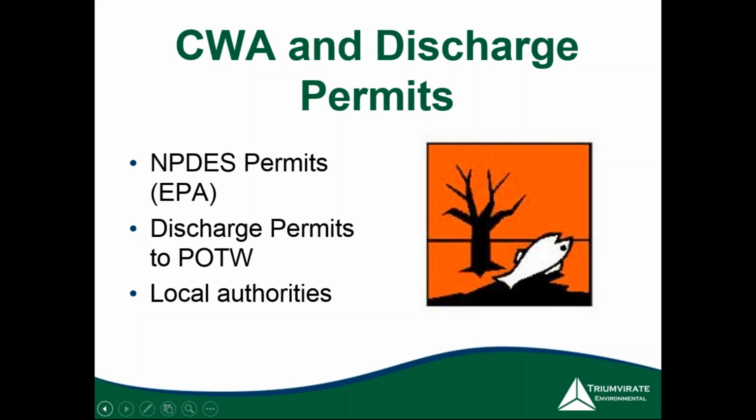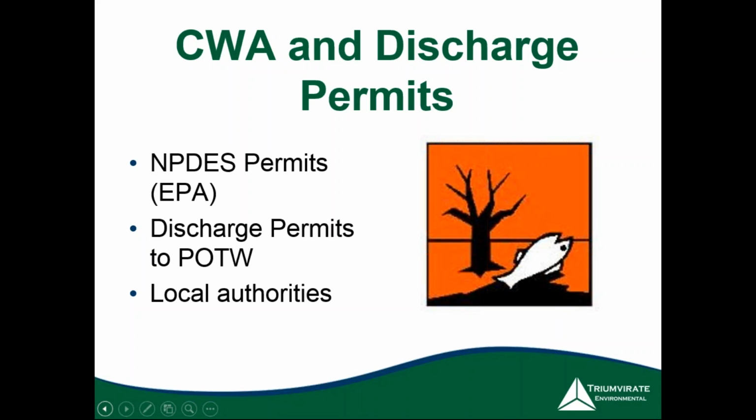Massachusetts in particular has the MWRA, which is the Massachusetts Water Resources Authority. Some states operate under the EPA, but most have some sort of state authority that you'll need to apply for permits with. So it's pretty important to figure out who you're going to be reporting to there.